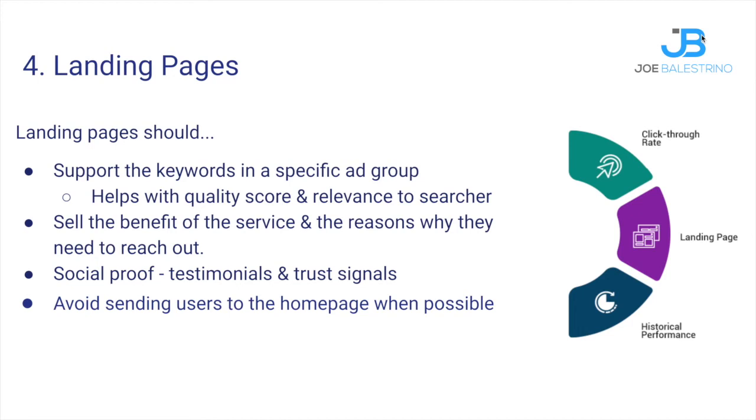If you just dump them on a generalized page, now the user is either forced to navigate through your website or hit the back button. And what do you think they're going to do? What's easier for them? It's easier for them to hit the back button and click the next ad. So make it easier, and that's also, again, going to impact your quality score, because if you're sending people to a page about bathroom renovations and you have a page about bathroom renovations, that's a hell of a lot more relevant than sending them to the homepage.